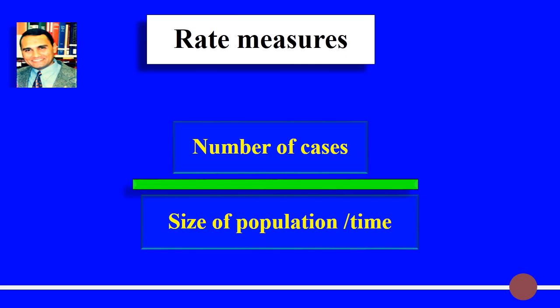Rates are particularly useful for comparing the frequency of disease in different localities whose populations differ in size. Rates are also useful for comparing disease occurrence during different periods of time. For example, health authorities in Egypt announced that the total number of SARS-CoV-2 cases in Egypt up to 8th of May 2020 was about 7,500 persons.